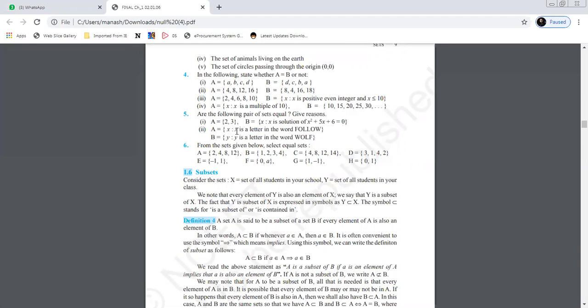X such that X is a letter in the word follow, and Y is a letter in the word wolf. Tell me whether this is equal or not.